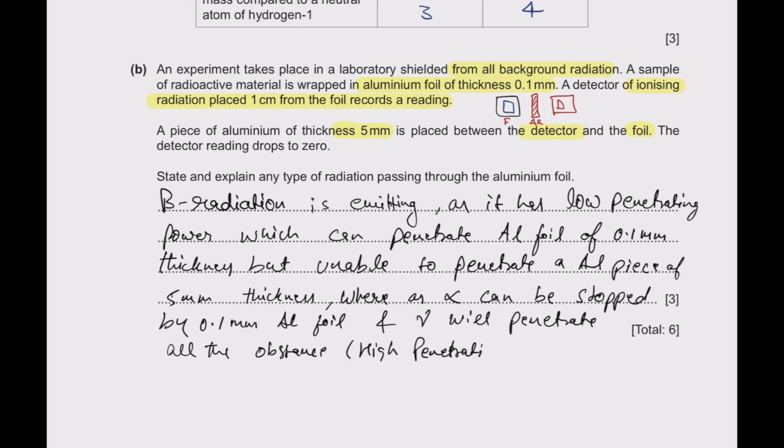So those are the properties of alpha, beta and gamma. The question is based on that only. So read the question carefully and then state and explain the type of radiation.